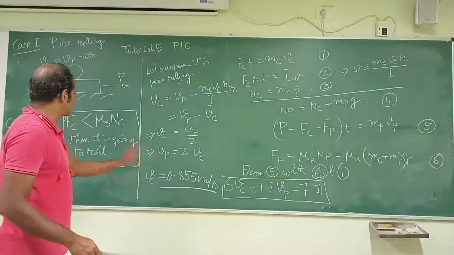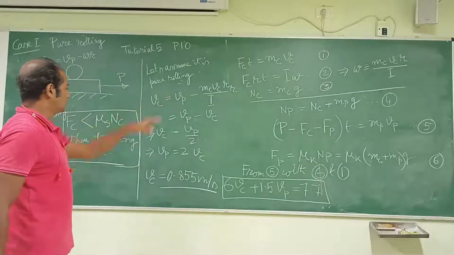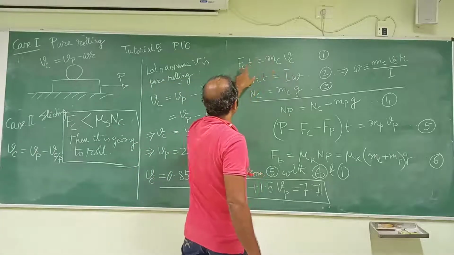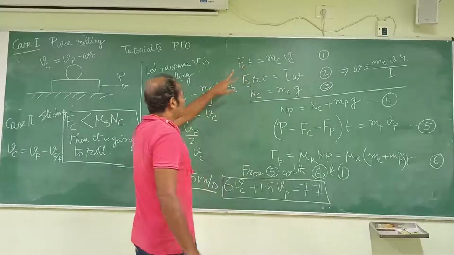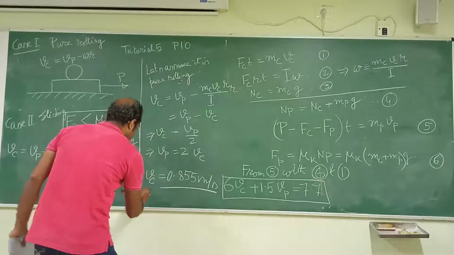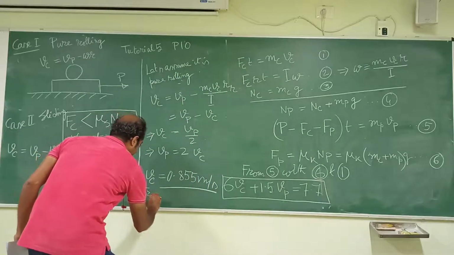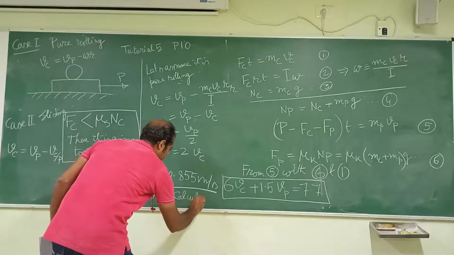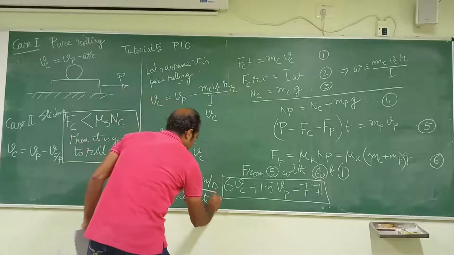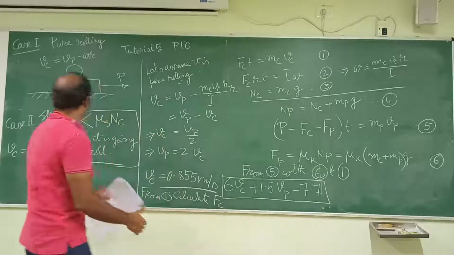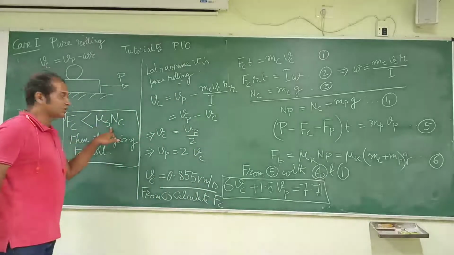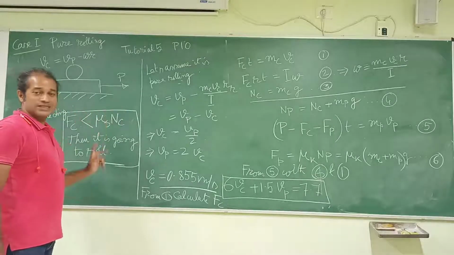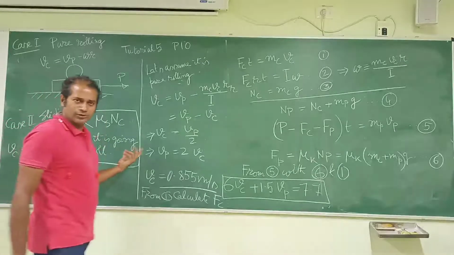Now you put this value over here, and you are going to get the Fc from equation 1. Now if this Fc is less than mu s times Nc, where Nc is mc g, then it is undergoing pure rolling.